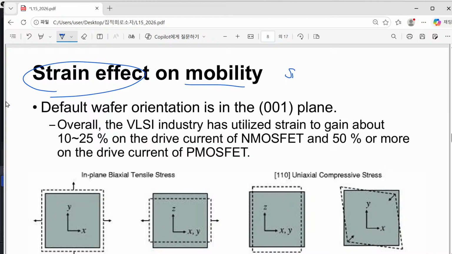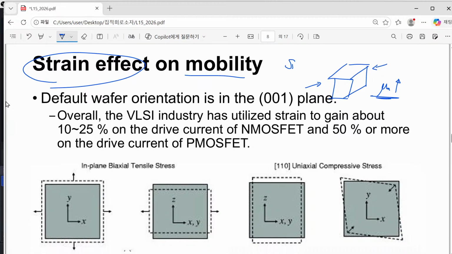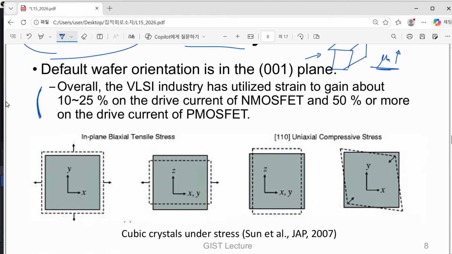When we do not push it so severely, there is a certain atomic structure of our silicon. But in this case, we intentionally introduce a certain directional force to our silicon material. And when we do it in a clever way, it is known that our electron mobility can be increased significantly. So let me introduce a statement taken from our textbook.